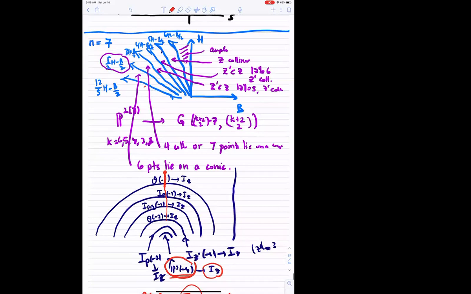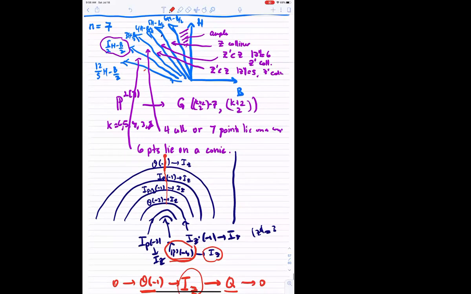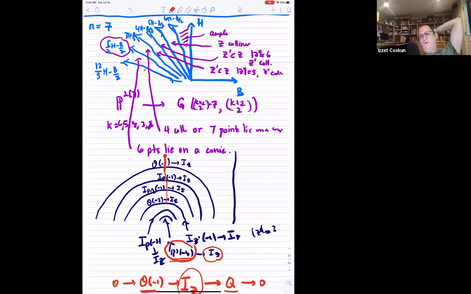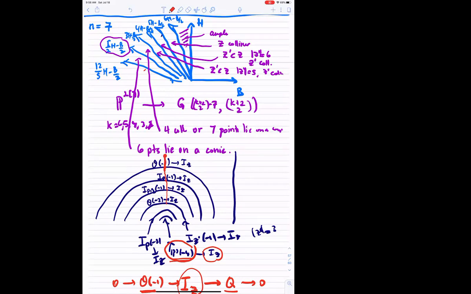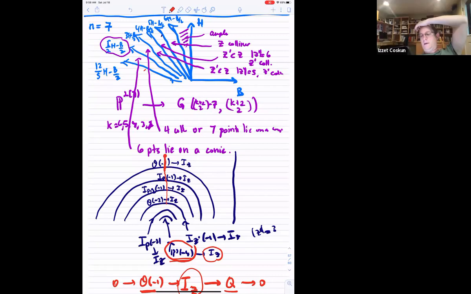Is the destabilizing locus replaced by something with bigger codimension? Not in general, I don't think. Yeah, not always.